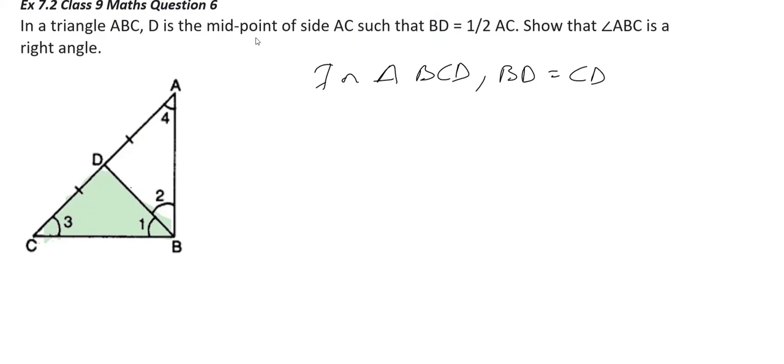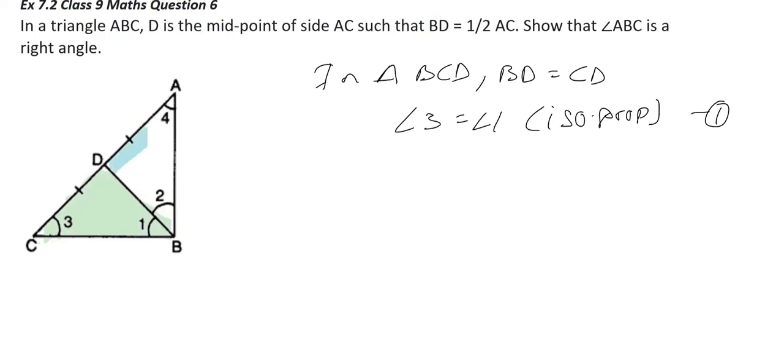The angles opposite to these two sides are these two, angle 1 and angle 3. So I'm writing angle 3 is equal to angle 1, by the isosceles property. I'm marking this equation 1.